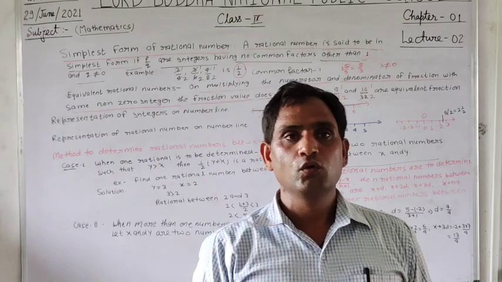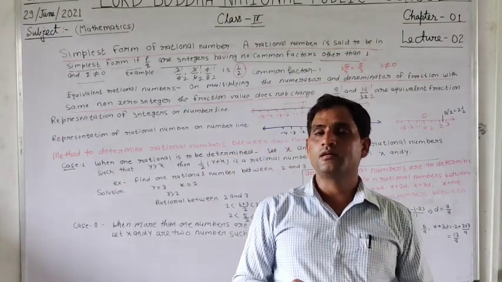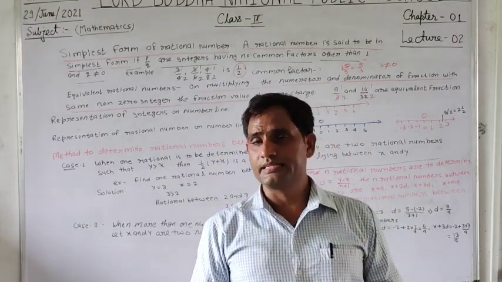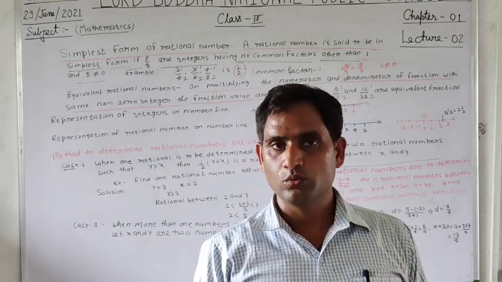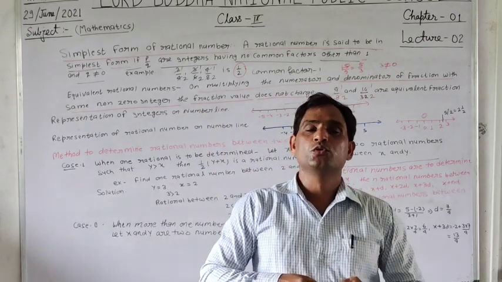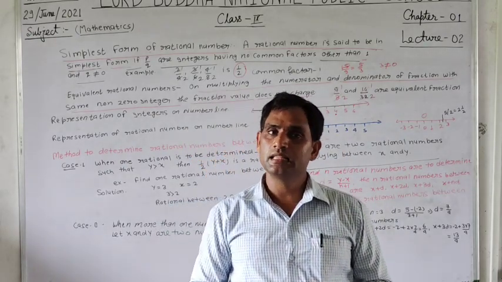After that, according to our convenience, we make a number of sections of the same length to the right and left of the point O. And then, according to the given problem, we will represent the rational numbers on this line.